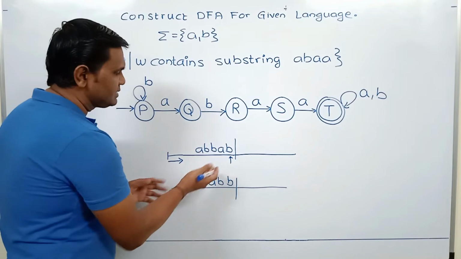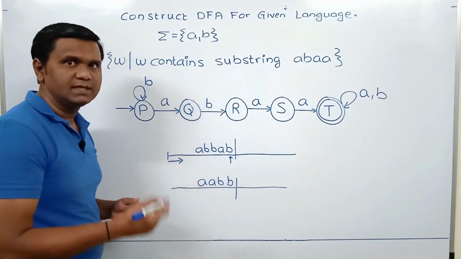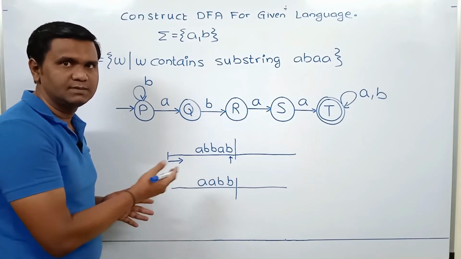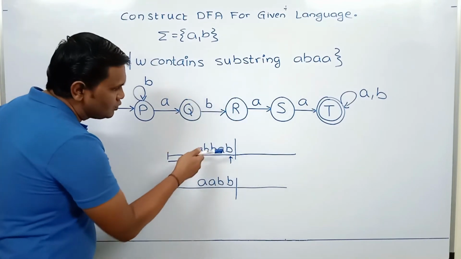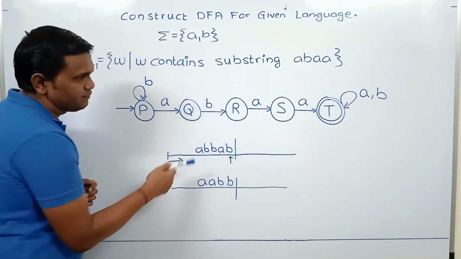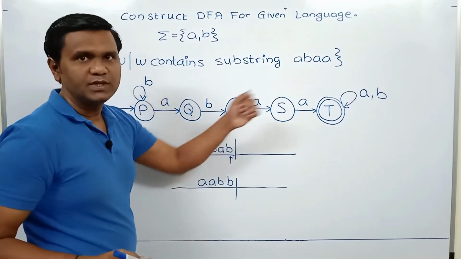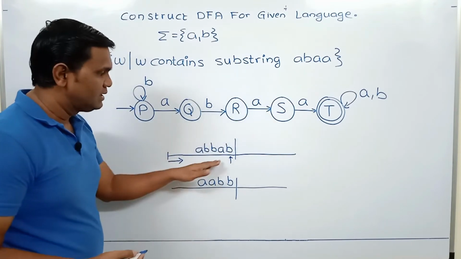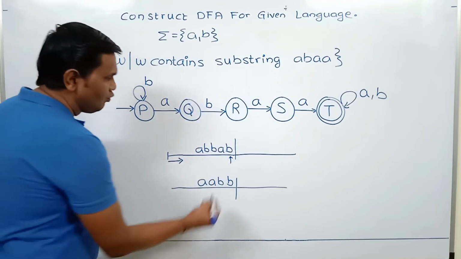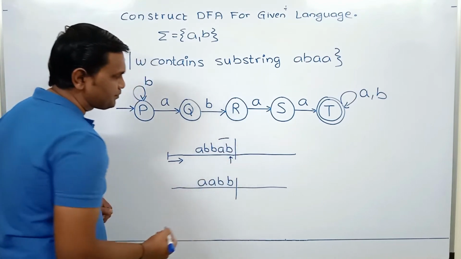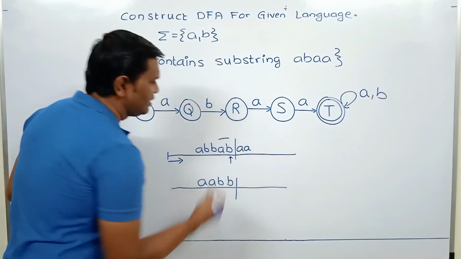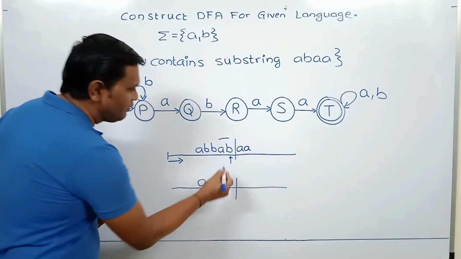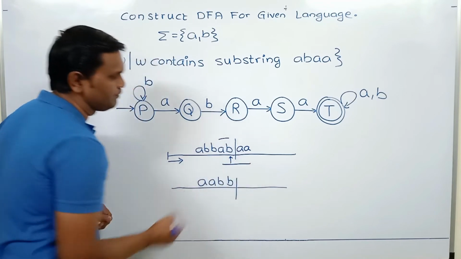Now in this case, can we use any suffix of the last seen symbols and get substring ABAA? Can we use any suffix of this part and come up with substring ABAA? So in this case it is possible. We can use AB. After this, if AA comes, then we get substring ABAA.